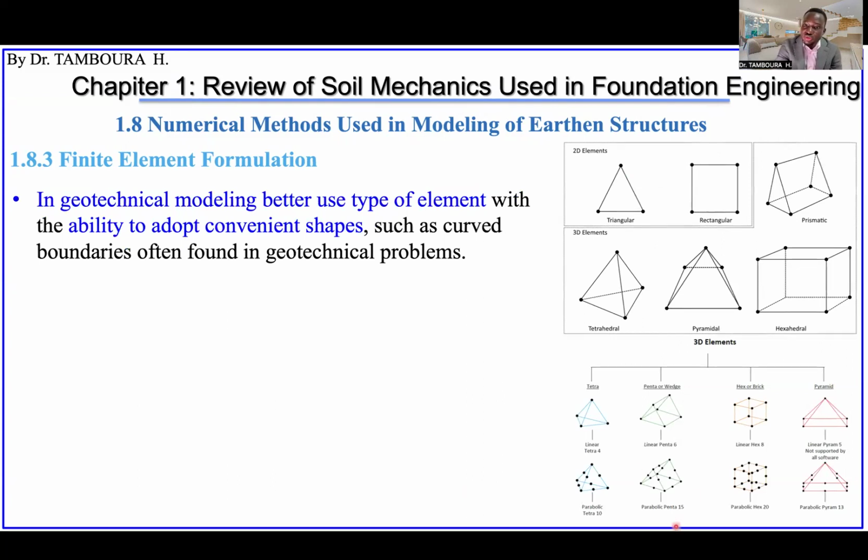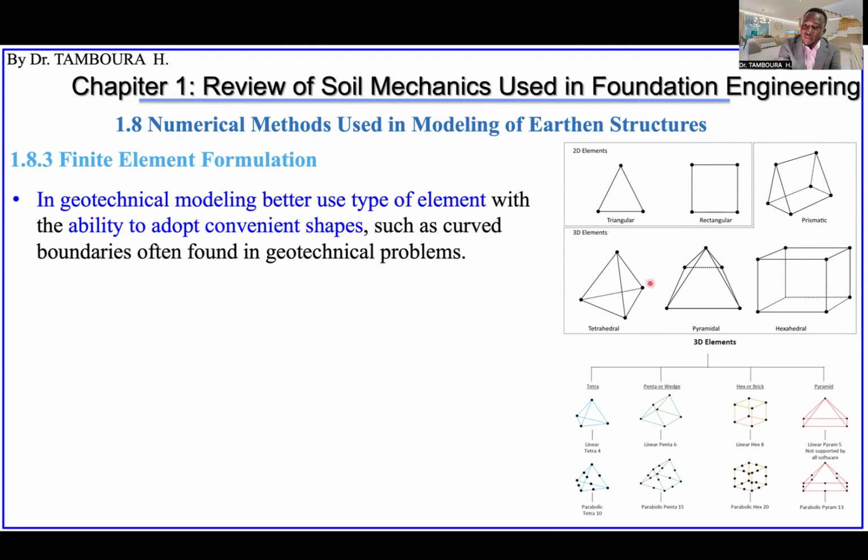You had better use an element type that is convenient for any type of shape, such as a curved shape or curved boundary.